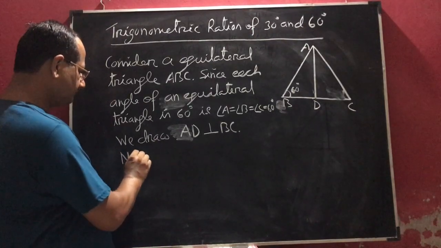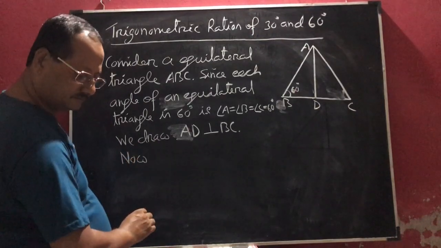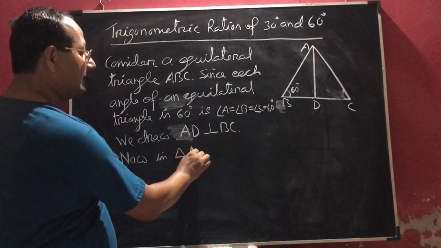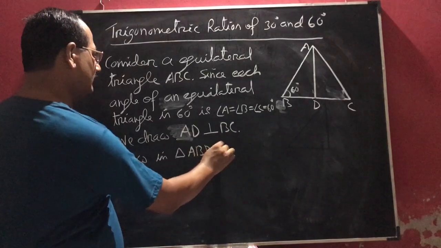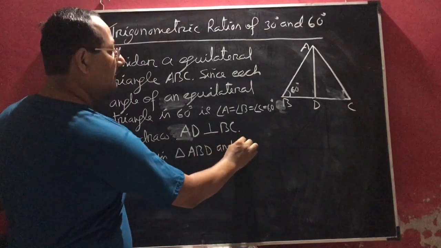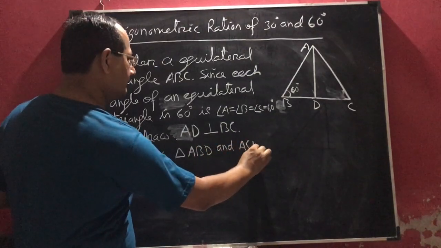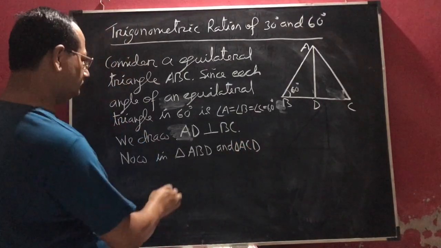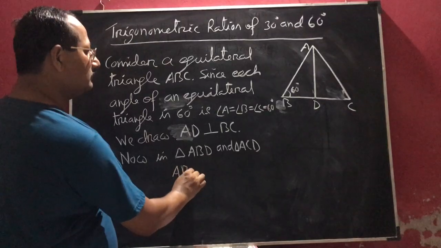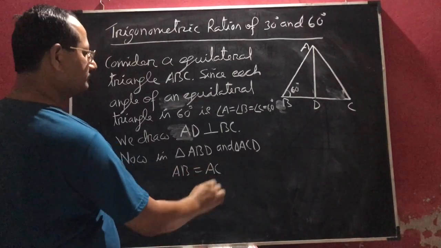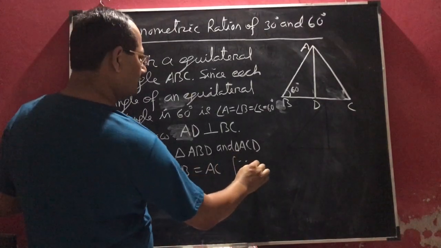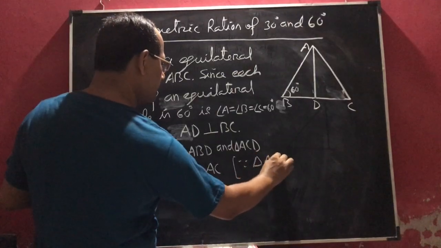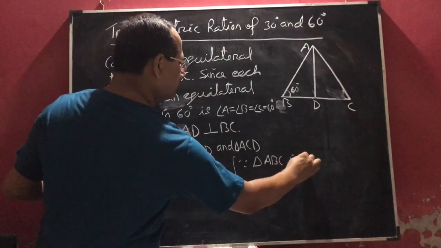Now, in triangle ABD and ACD, AB equal to AC, since triangle ABC is equilateral.